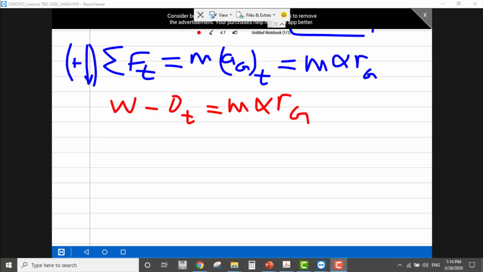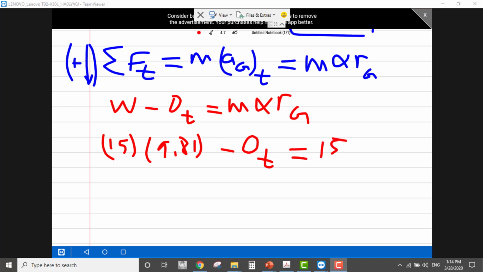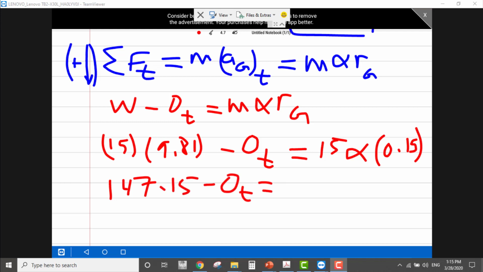So 15 is the mass, 15 multiplied by 9.81 is the weight, minus OT, which is unknown, equals 15 multiplied by alpha, again unknown, multiplied by RG, the distance between the centroid and the fixed point O, which was 0.15. So 147.15 minus OT equals 2.25 alpha.